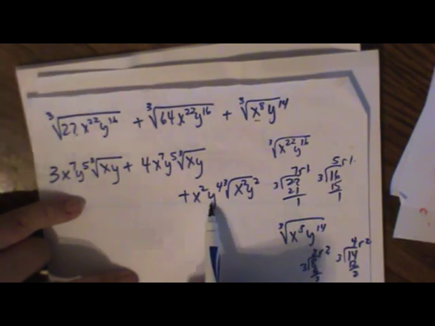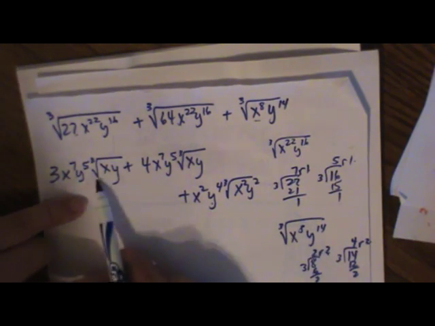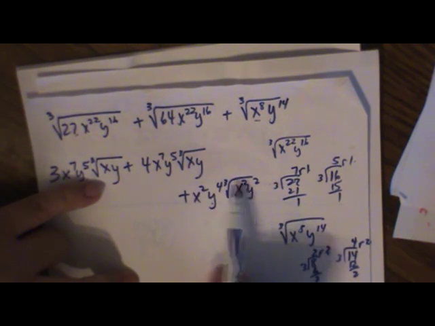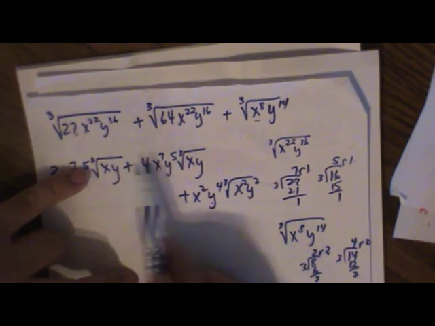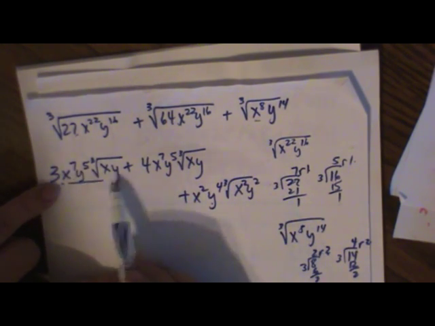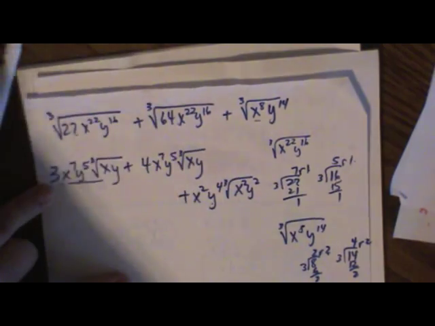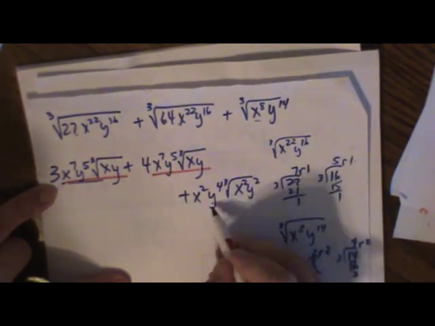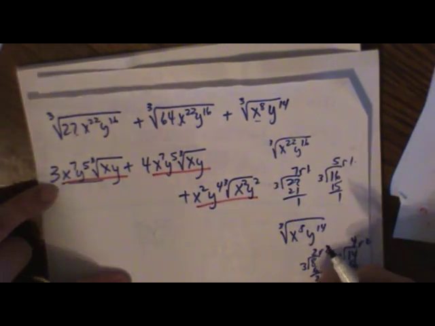So as you can clearly see, what's inside our radicands are different. Even though our exponent's the same, all of this has to be the same. All the variables outside and inside have to be the same in order to add them.